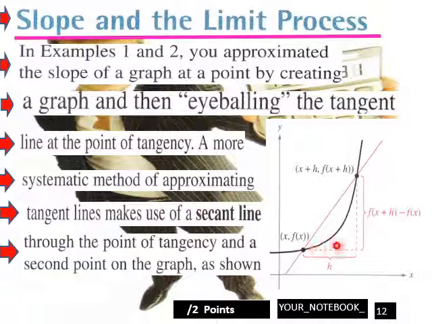So now we have this point up here and this point down here. We call this line, which goes through the curve, a secant line. This is h, and this is f(x + h) - f(x), which is the length of this line here.